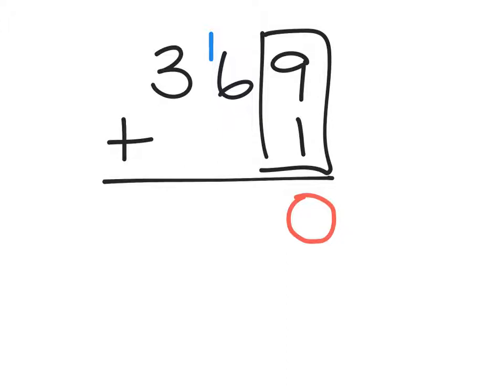So I have 0 in the ones, I have a new group of 10s, and so 6 tens and 1 ten gives me 7 tens. And I still have my 300s. So 369 plus 1, or 300s, 6 tens, and 9 ones, plus 1, gives me 300s, 7 tens, and 0 ones.